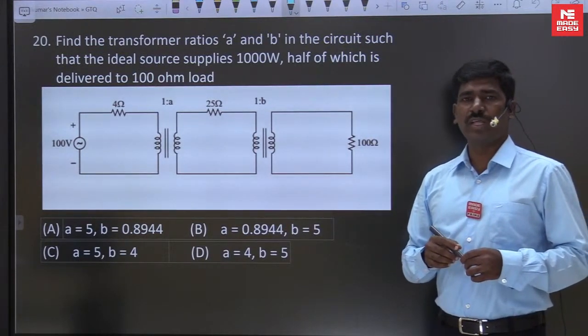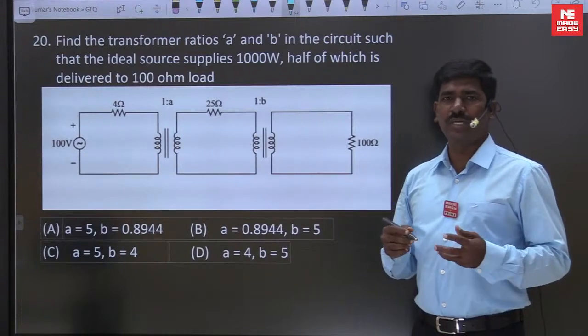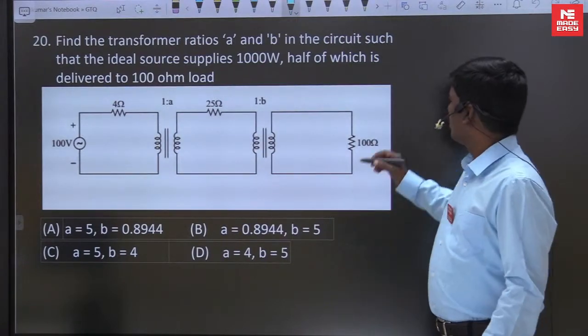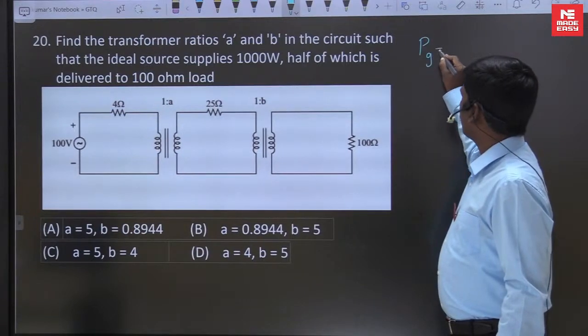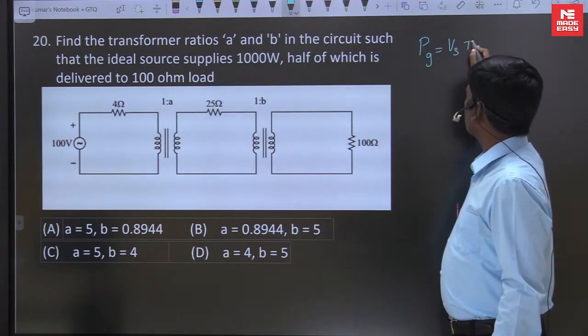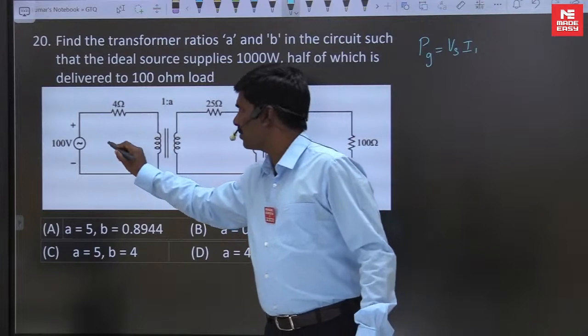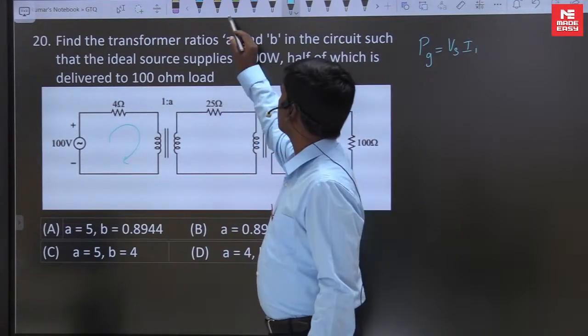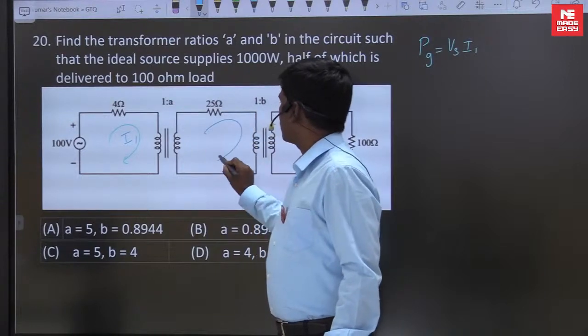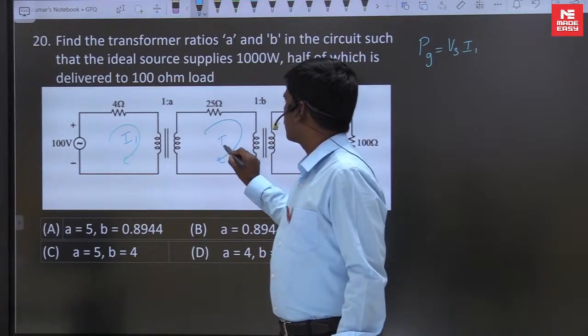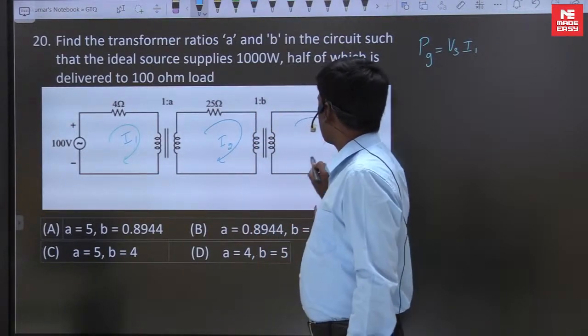So P is equal to V into I. There is no cos phi, no inductor, no capacitor here. So P generated is equal to Vs into I1. Suppose this current is I1, this is I2, and this is I3.